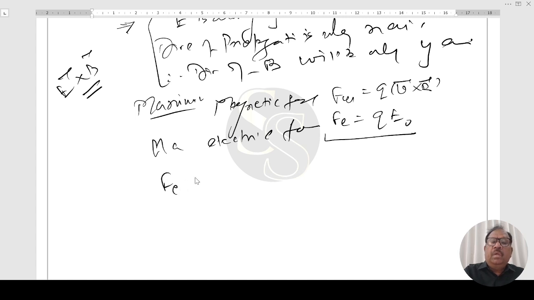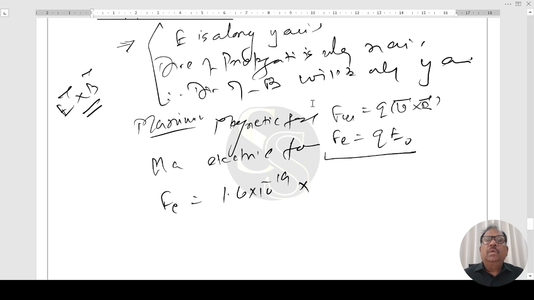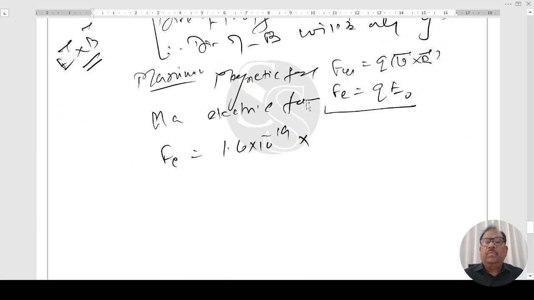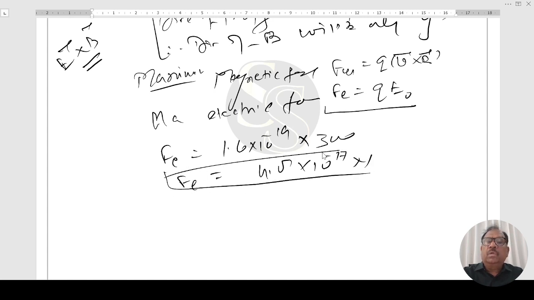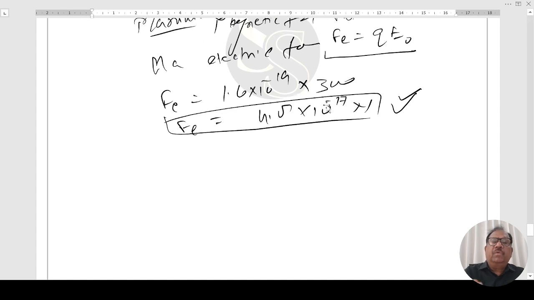Fe will be equal to Q, 1.6 × 10⁻¹⁹ into E naught. E naught is 300. So this comes out to be 4.8 × 10⁻¹⁷ Newton. Maximum electric force on this. This is the answer.